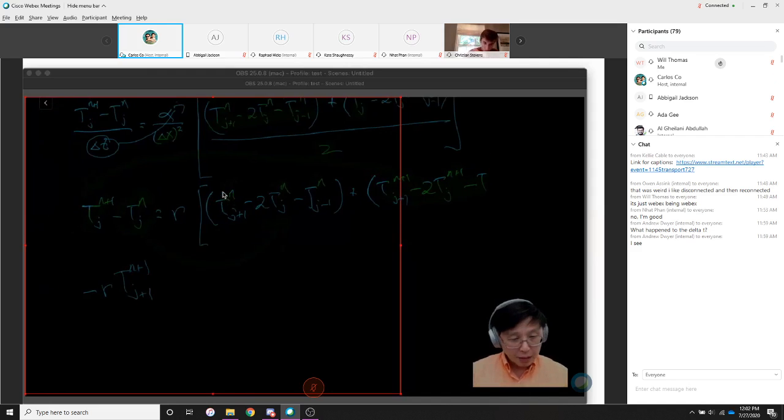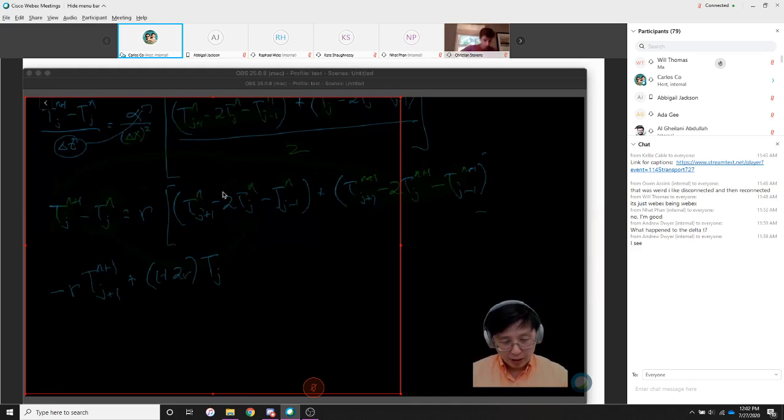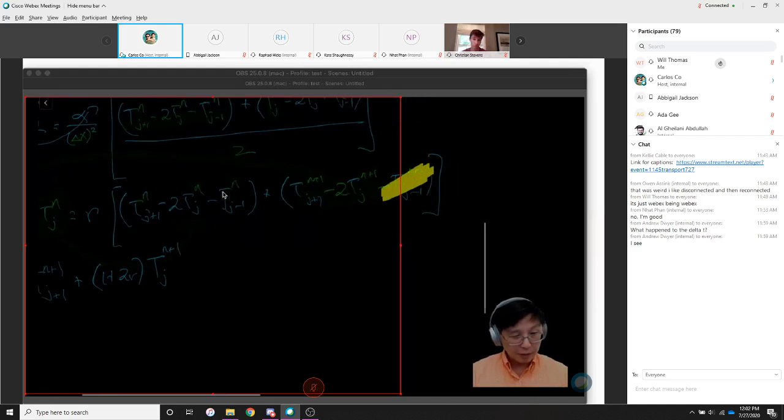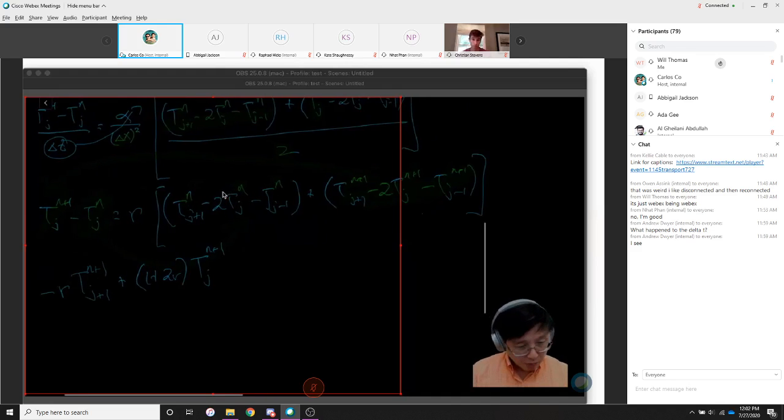And so let's move this term here with a negative 2 and combine it with that term. And so we will have plus 1 plus 2r, the temperature at j, n plus 1. And then we will have this term here, and that should be a plus.